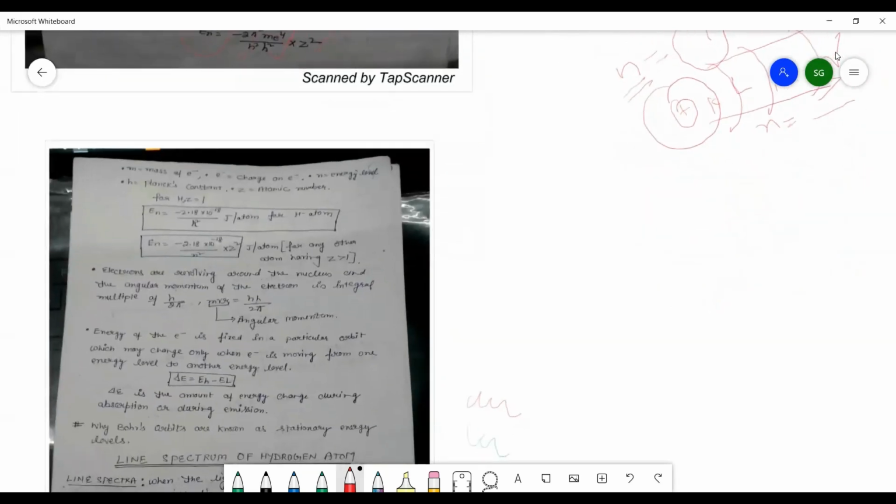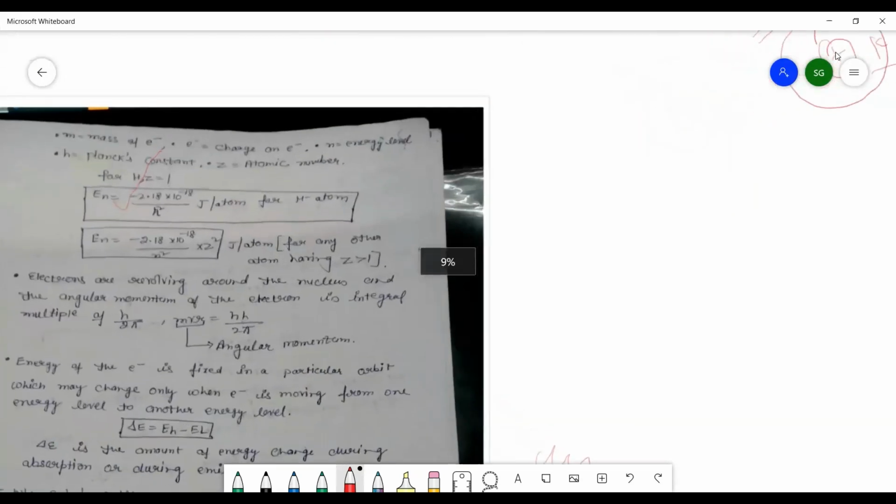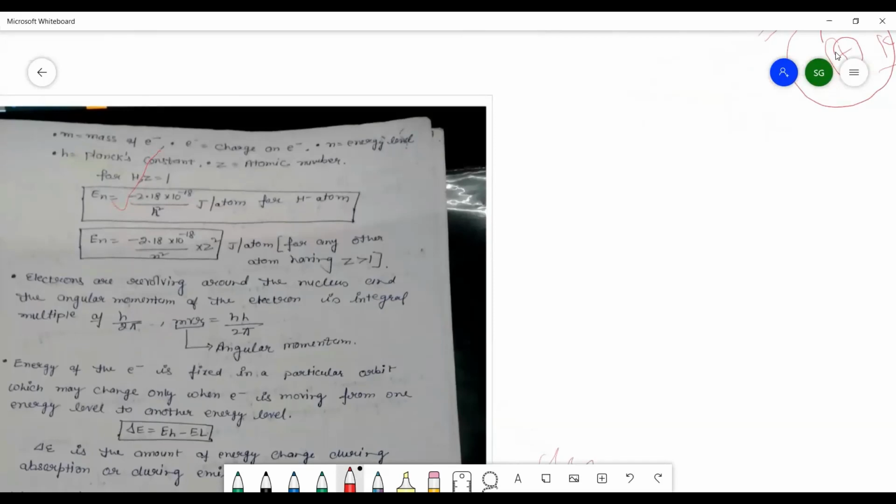Now when we substitute all the values of the constants, like the mass of the electron, the charge on the electron, and Planck's constant, in the formula, we get En = -2.18 × 10^-18 × Z²/n².